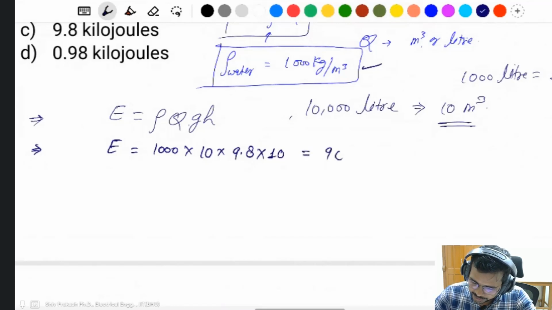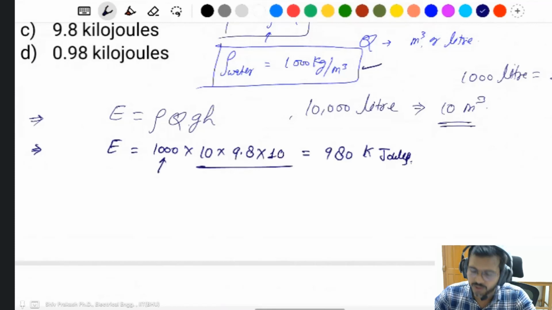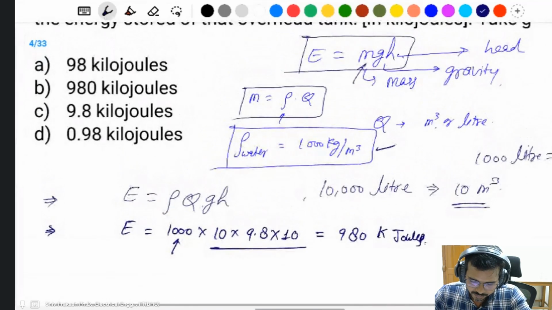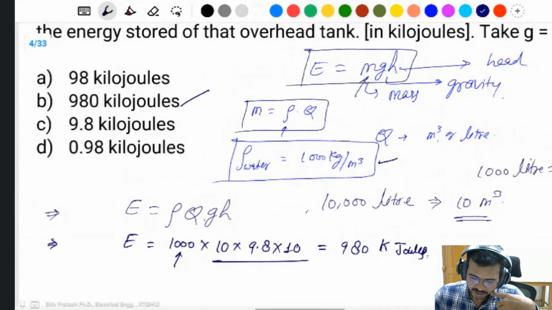This will be 980 kilojoule. So the 980 is in kilojoule. This is the way the option is given in the question.